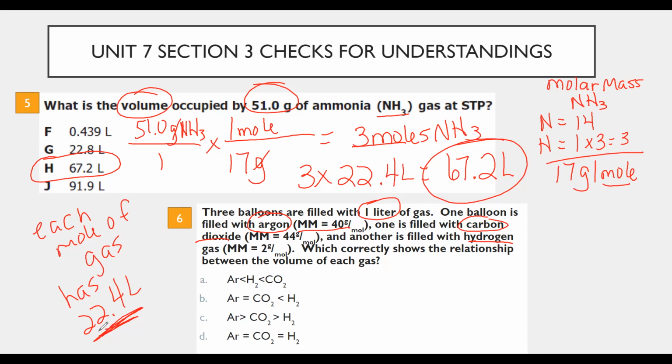It's always going to be multiplied by 22.4. So if you have 1 liter of each one, then they're all going to be equal. Argon is going to equal CO2 is going to equal H2. So it doesn't matter what gas you have, the volume is always going to be 22.4 liters per mole. So even if you have just 1 liter, it's still going to be the same volume for the gases.